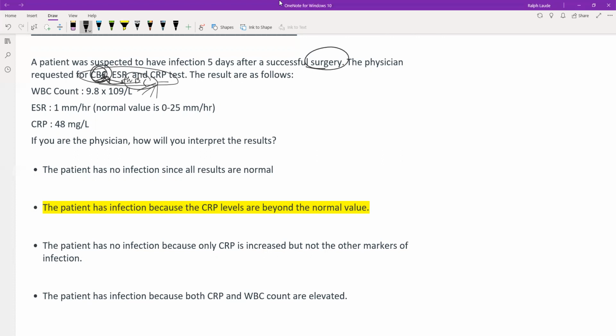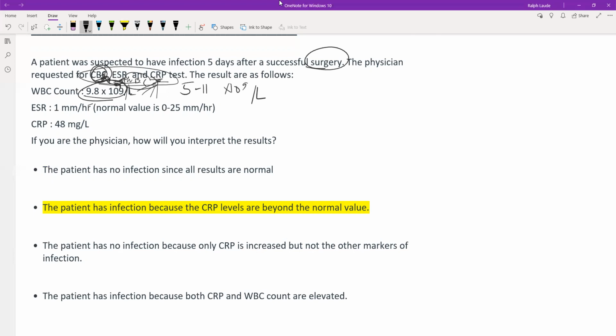So it would be best to have CBC, ESR, and CRP. So, the results are as follows. WBC count, 9.8 times 10 to the 9th power per liter. Okay? So, is that normal? Yes. Because 5 to 11 times 10 to the 9th power per liter is the normal range of WBC.